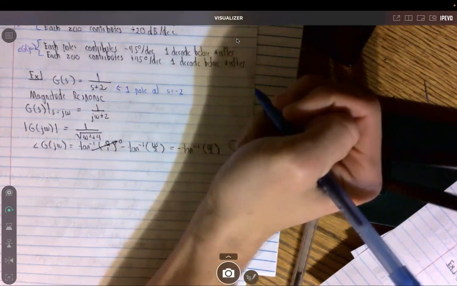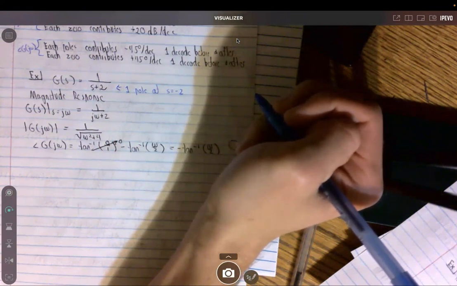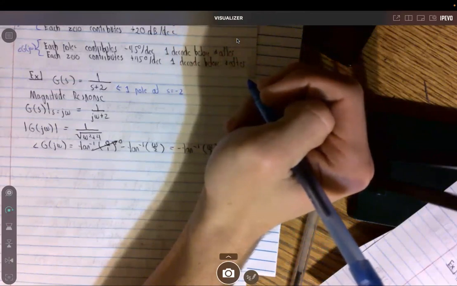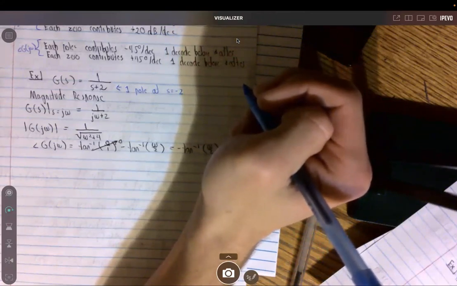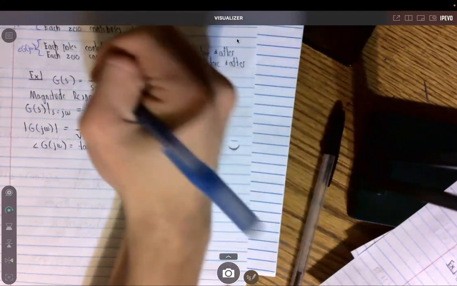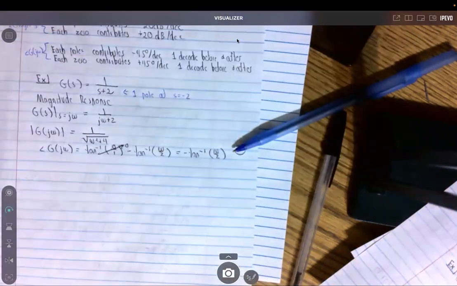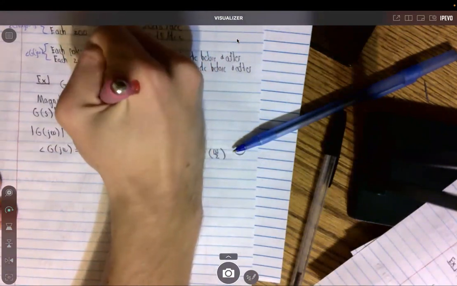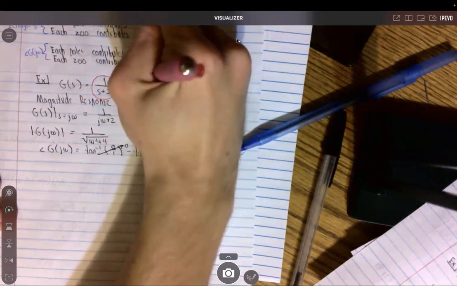When we do this on the plot, they like to normalize this equation. That's my best terminology for it. So they will do a normalization.